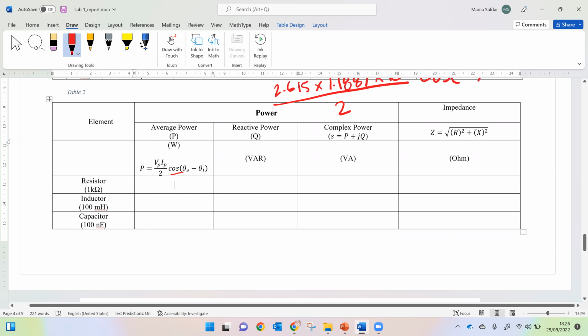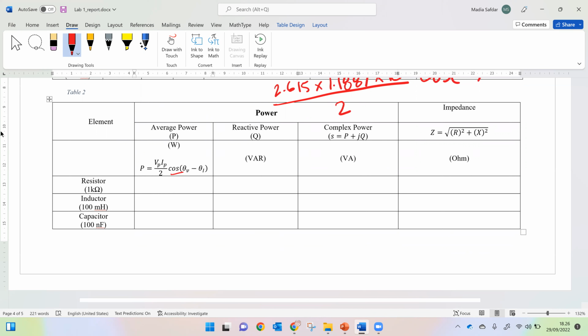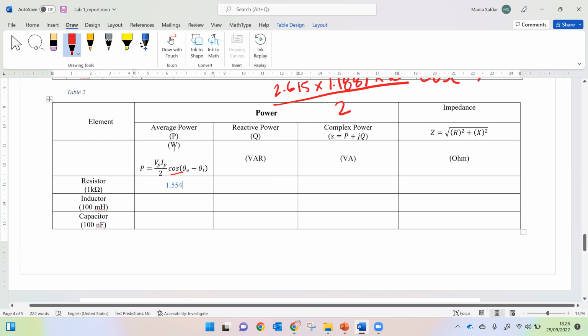So 2.615 multiplied by 1.1887 milli divided by 2 cosine of 0, it is 1.554 milli. So you can write it milli here, milliwatt.